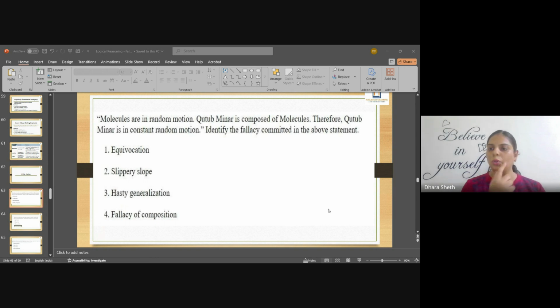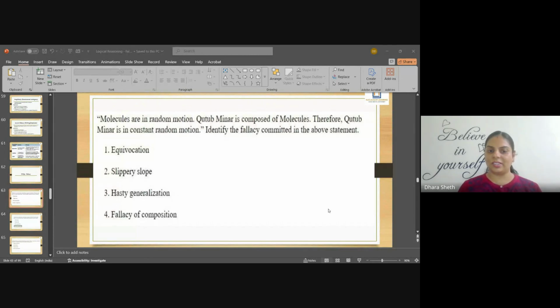Equivocation means one word with two different meanings is used, which is not happening here. Slippery slope is taking it a bit too far. Maybe the consequences are not really as great as that. So here we are not talking about consequences.